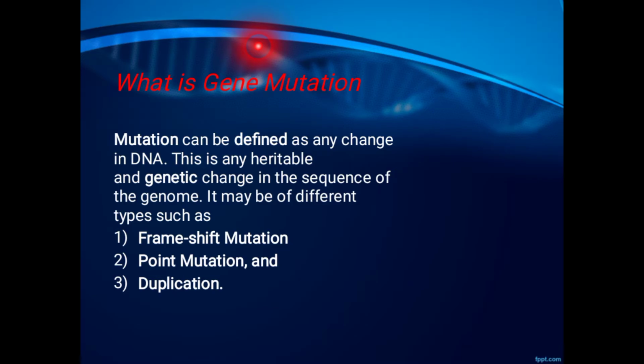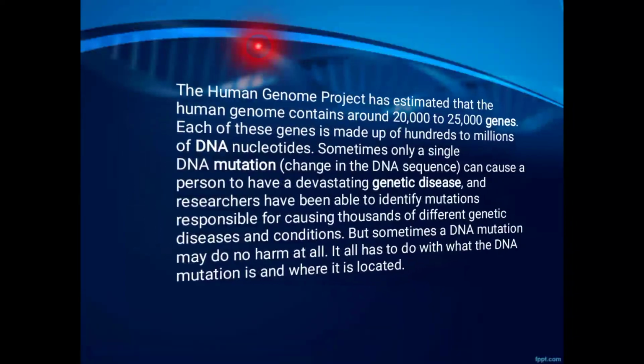Although many polymorphisms have no negative effect on a person's health, some of these variations may influence the risk of developing certain disorders. It may be of three different types: first is frameshift mutation, second is point mutation, and third is duplication.